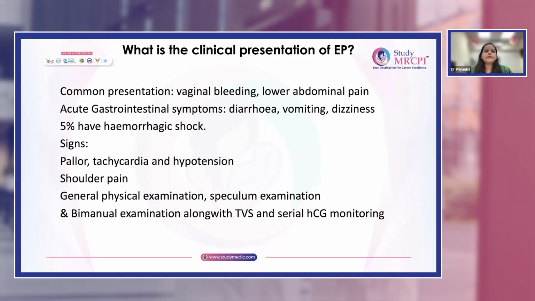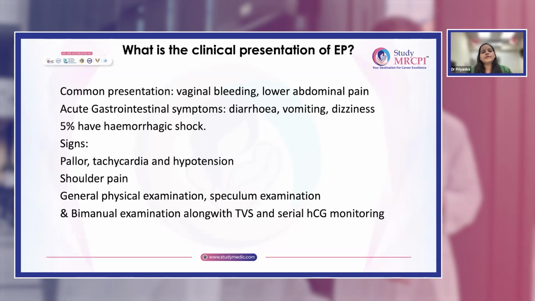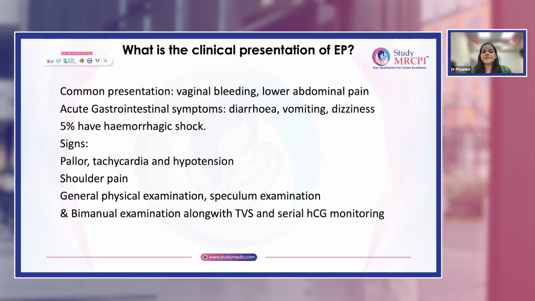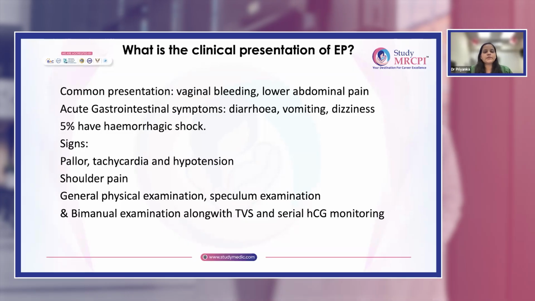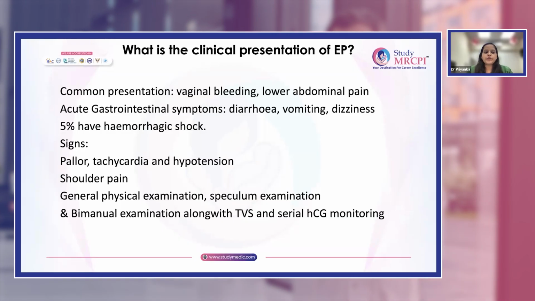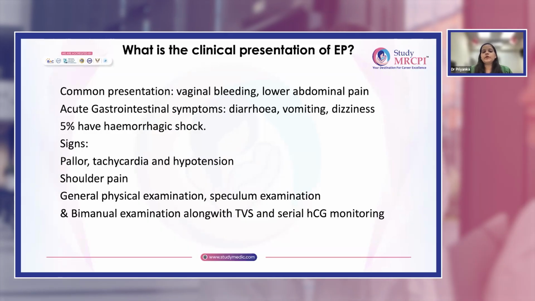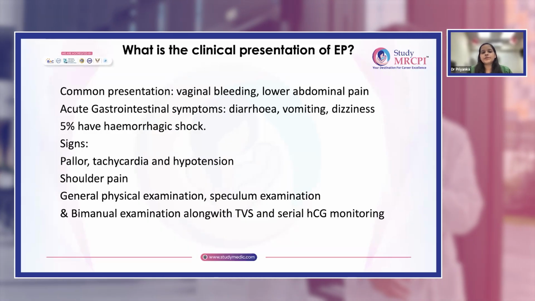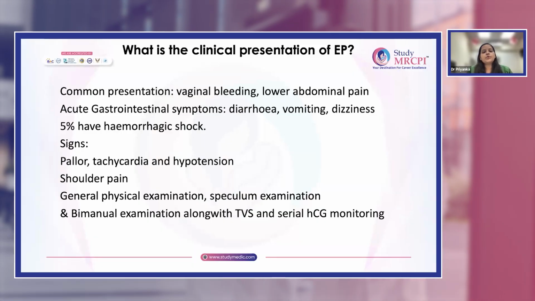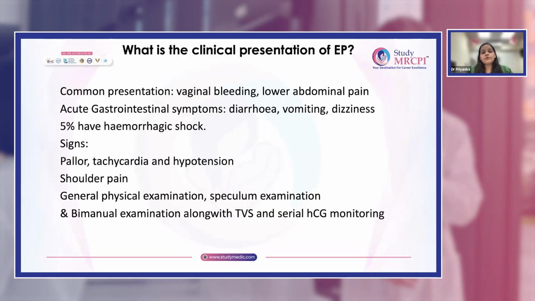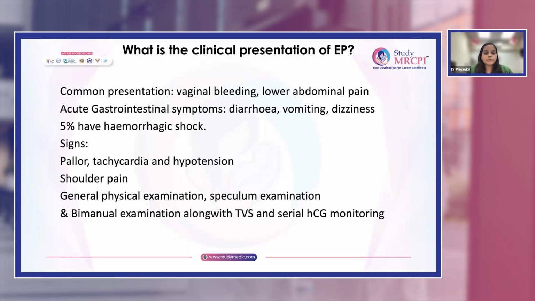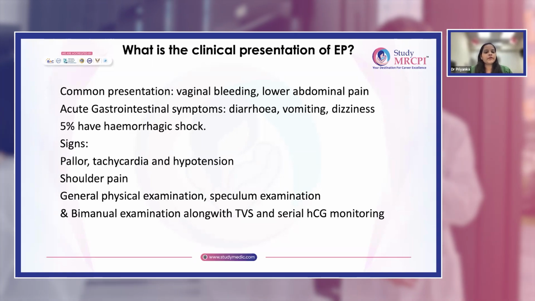The signs will depend upon how hemodynamically stable the patient is. If the patient is hemodynamically unstable and hemorrhaging, we can see signs of pallor, tachycardia, and hypotension. Also, due to intra-abdominal hemorrhage, irritation of the diaphragm can cause shoulder pain. On exam, we do a physical examination, speculum examination, and also a bimanual examination, and there will be cervical excitation.